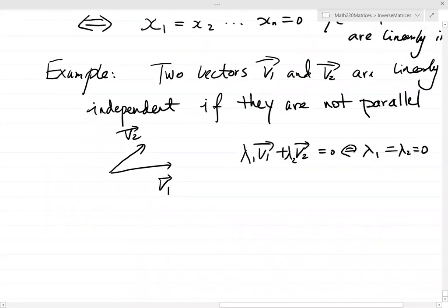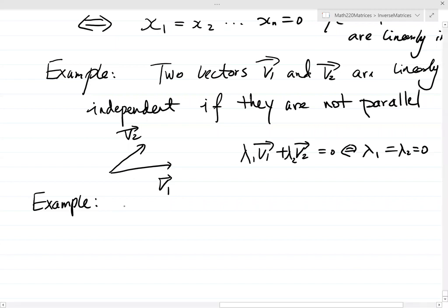Now, for example, if we have three vectors, they are linearly independent if they span a three-dimensional space. If they are linearly dependent, which means they do not span R3, they should lie in a plane.